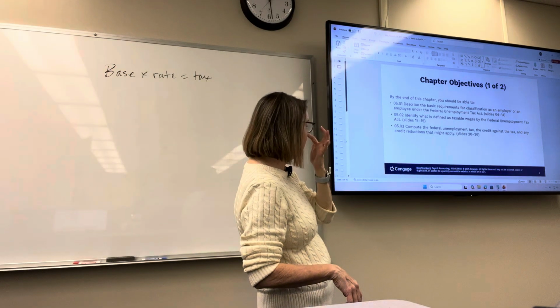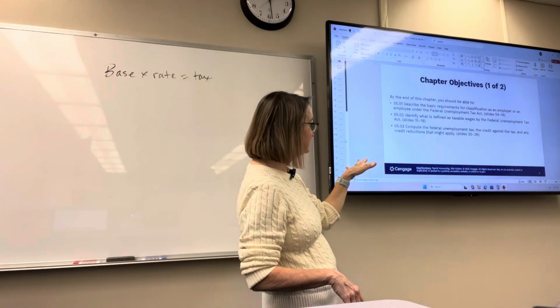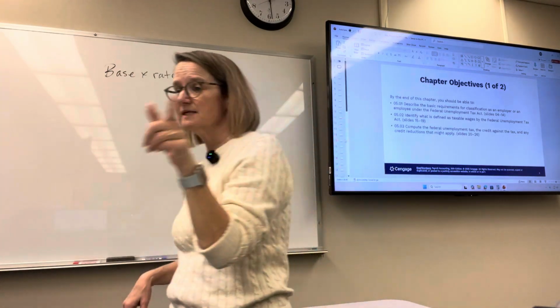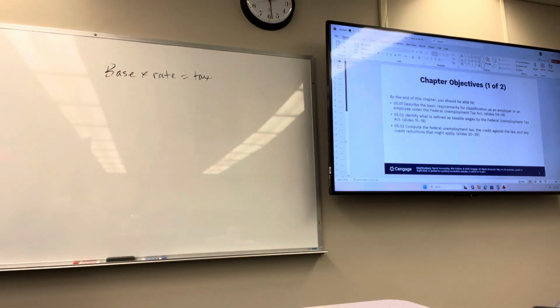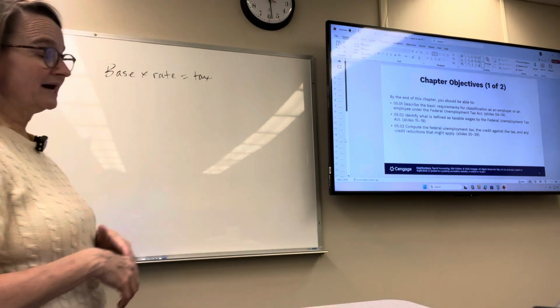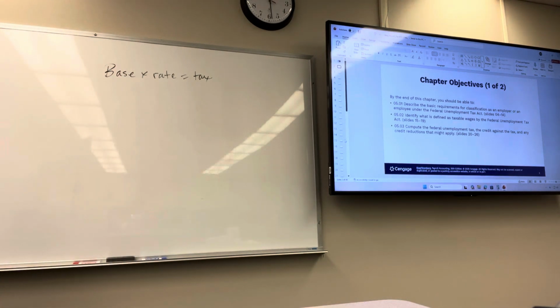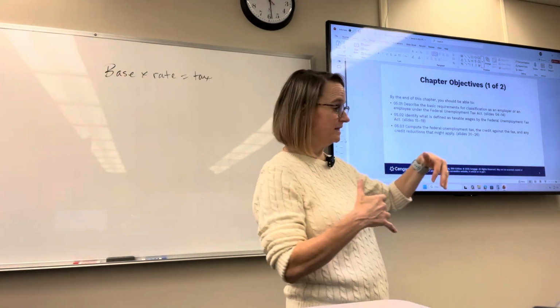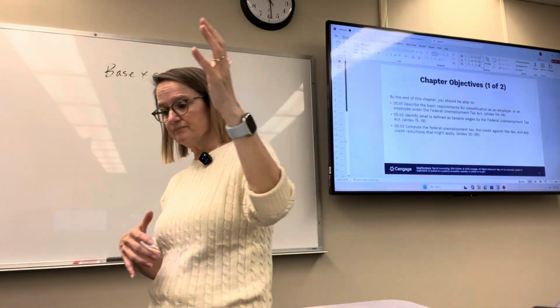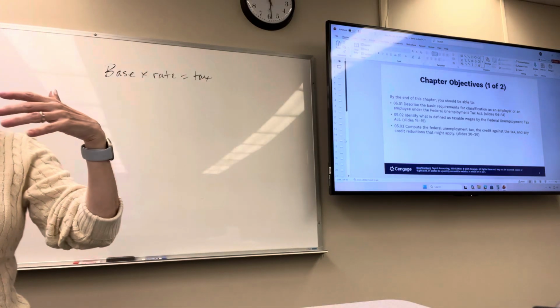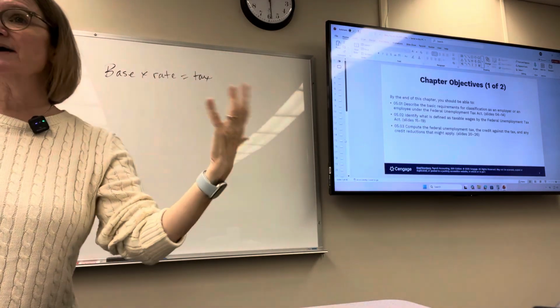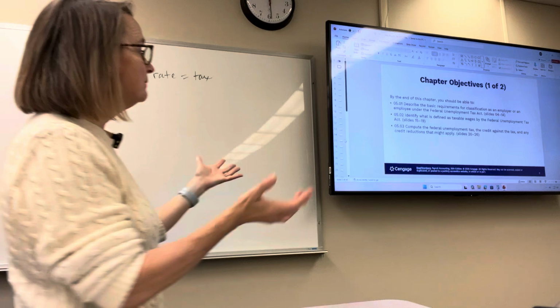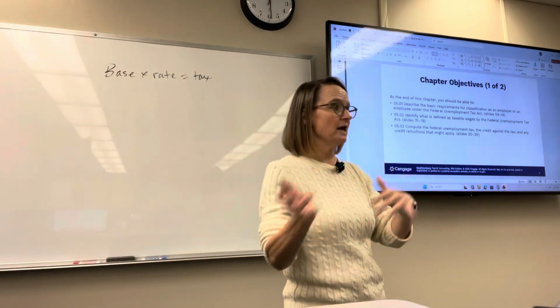And then we're going to compute the federal unemployment tax, talk about this credit against the tax rate, and any credit reductions that might apply. This is where, like I said, it gets a little funny because of the wording. We usually think of credit as something that is going to reduce the amount that we have to pay. We're getting credit for something. But then we add in there a credit reduction.